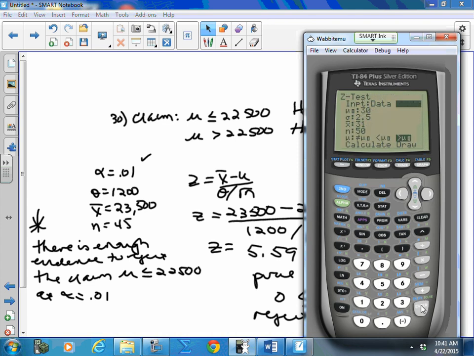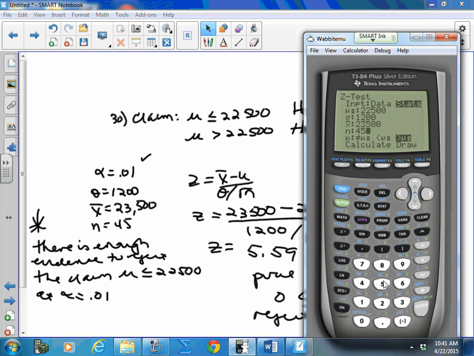Just as you used this before, this is your mean, 22,500, your standard deviation, pull it right off your paper. Your x-bar, 23,500. Your n, 45.